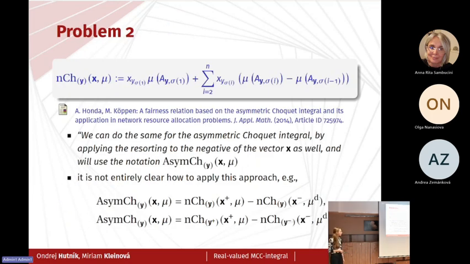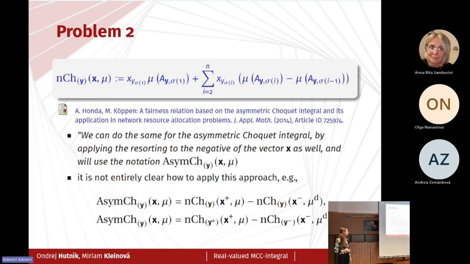But now back to Honda's article. The authors also wanted to extend Honda's functional to a real-valued input vector. And in the article, we can find the sentence, we can do the same for the asymmetric Choquet integral by applying the resorting to the negative of the vector x as well, and so on.